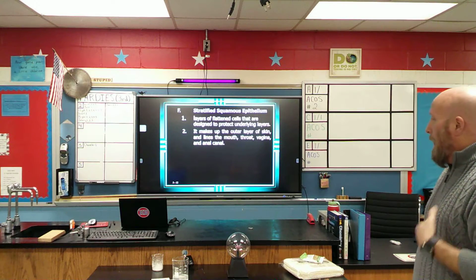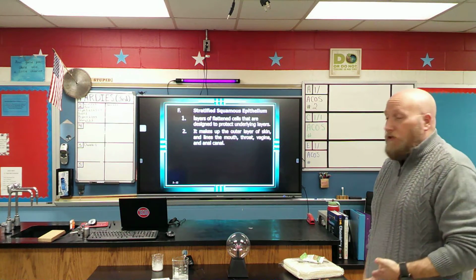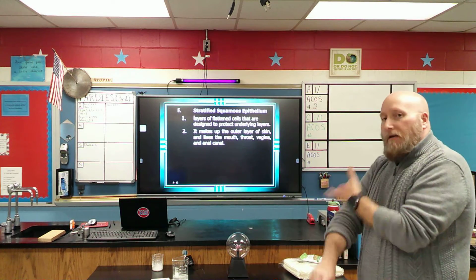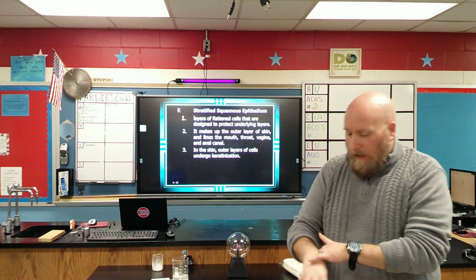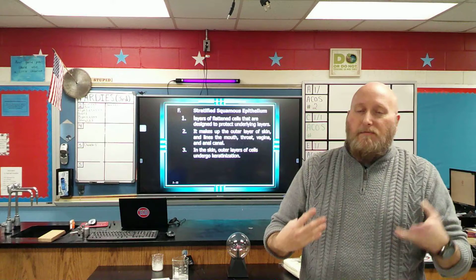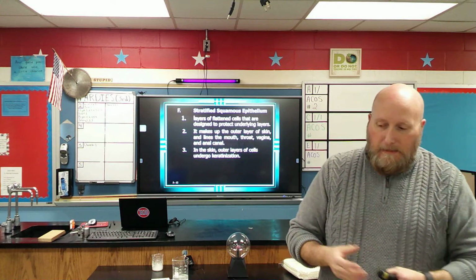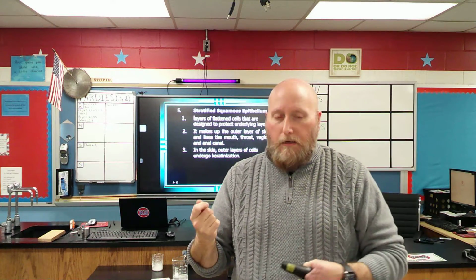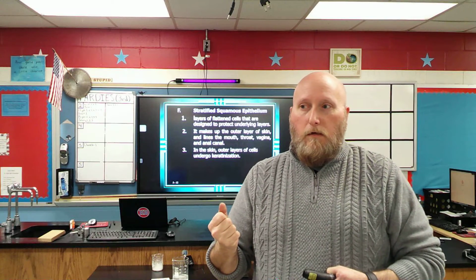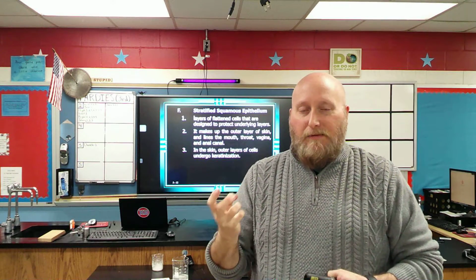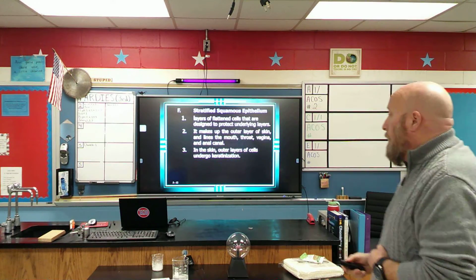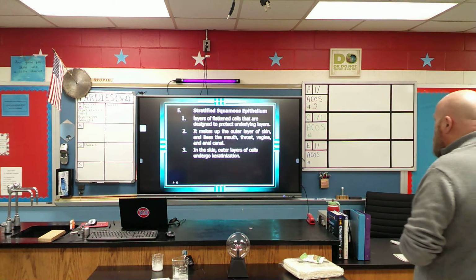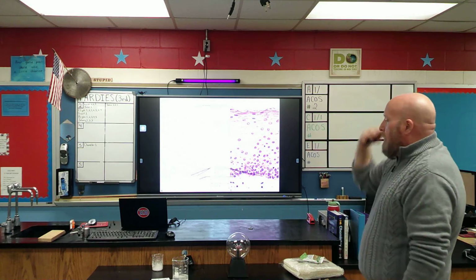Now, again, its whole purpose is for protection from damage. The outer part of your skin actually has something called keratinization. It gets this chemical called keratin in it that makes it harder and waterproof, kind of waxy feeling, so you don't lose water as well. Now, stratified squamous you can see really easily.